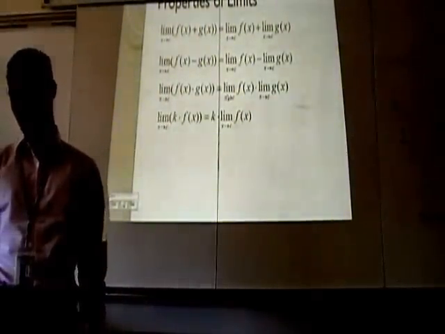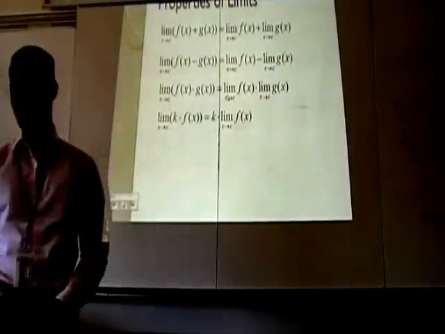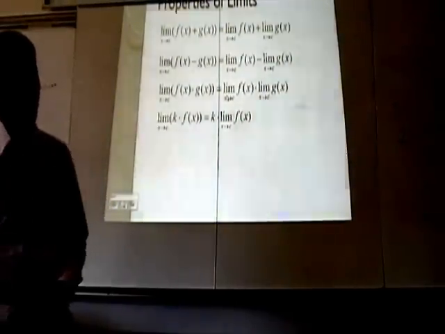Same thing with multiplying. If you have x times y, the limit of x times y, you take the limit of x times the limit of y. Same thing with dividing, but with this one, I'll wait for you guys to copy it.